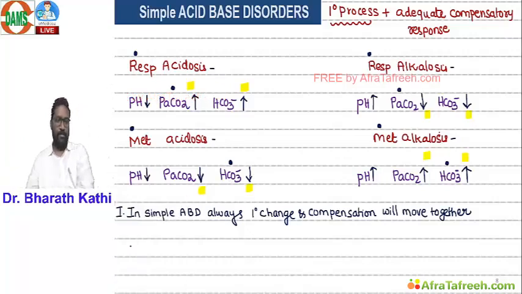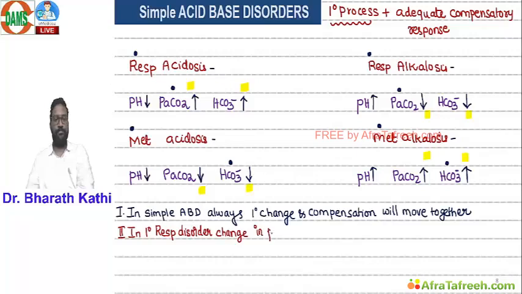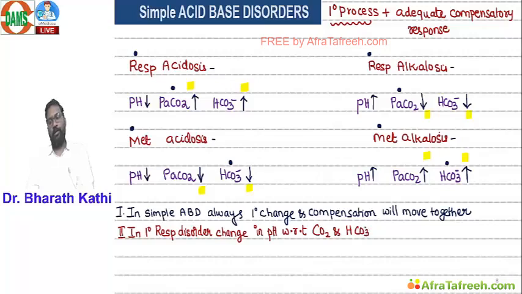Coming to rule number 2. In a primary respiratory disorder, change in pH with respect to CO2 and bicarbonate is in opposite direction.